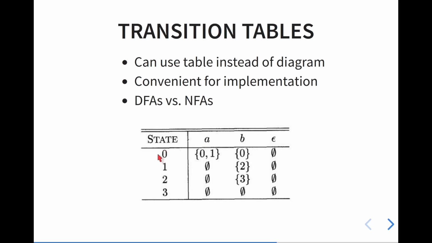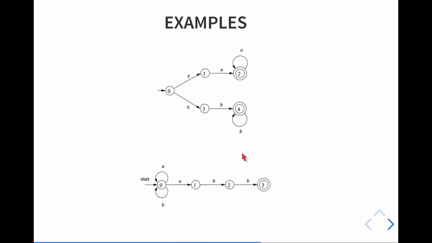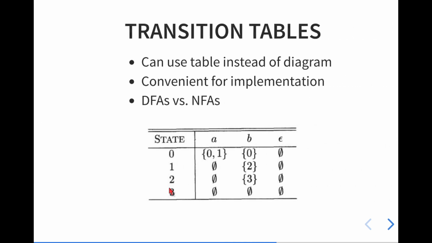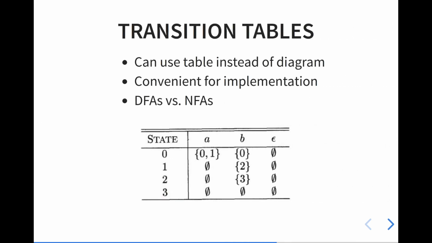So if I'm in state 0 and I see symbol B, then I go to state 0. And so I think this actually represents this machine here. Questions about that? It's just a different representation.